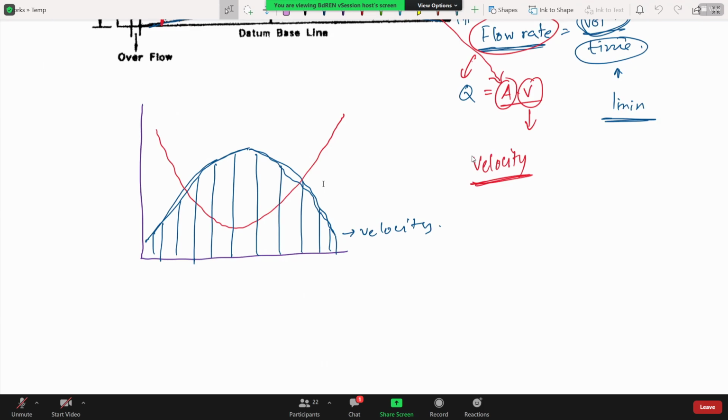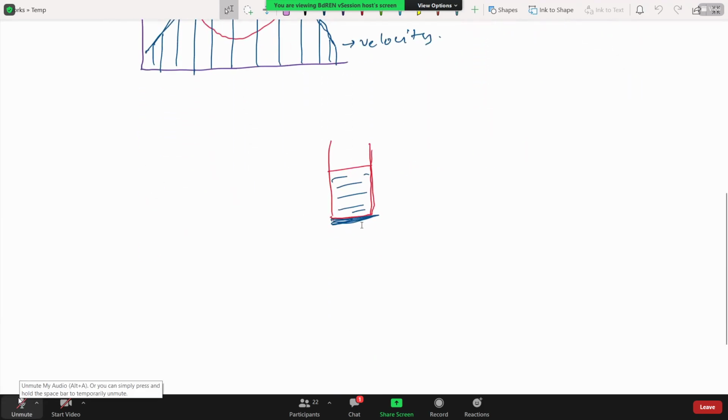Let's say you have some water here. What will be the pressure here at the bottom? Highest pressure.